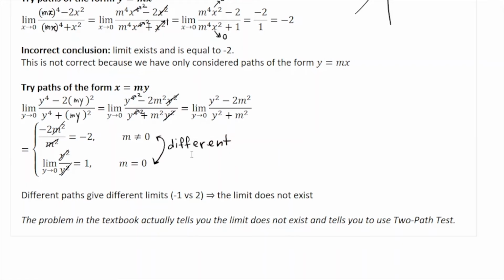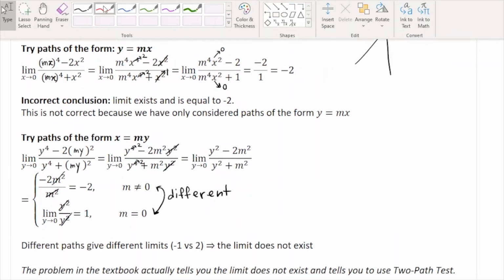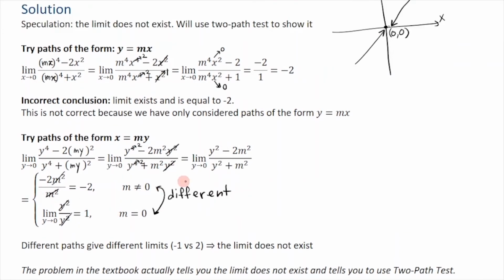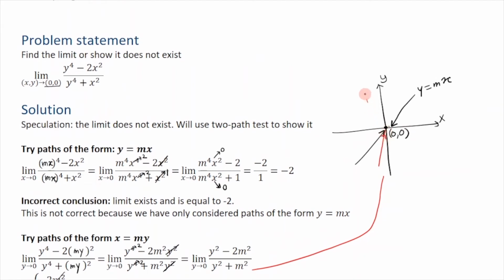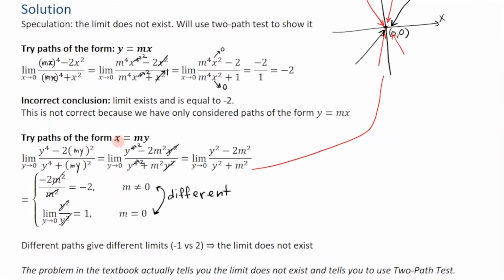So for these kind of paths, let me show them maybe in red. They're also straight lines, but we got a different kind of limit when m was equal to 0. So this is the case where x is identically 0.